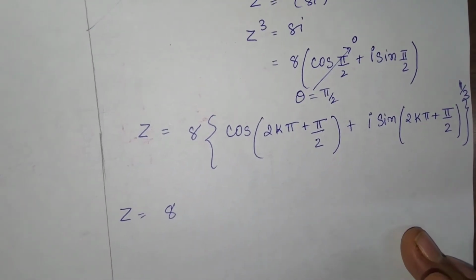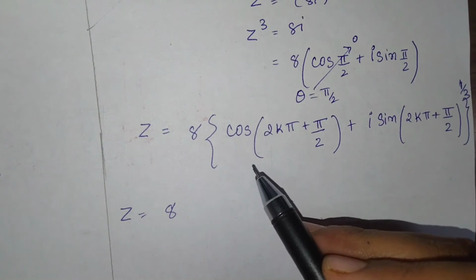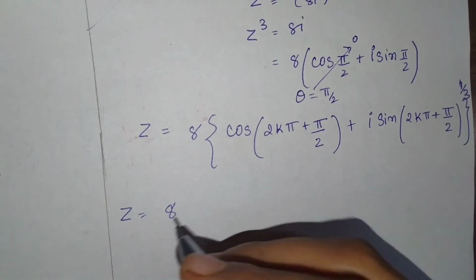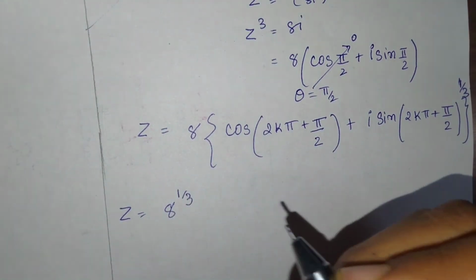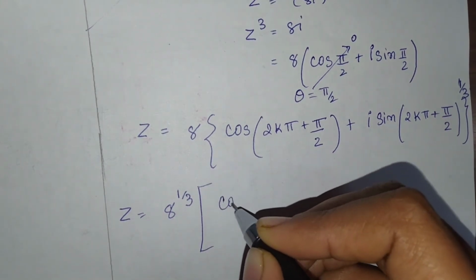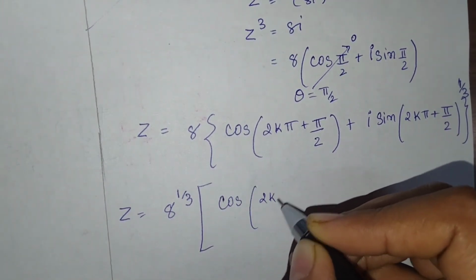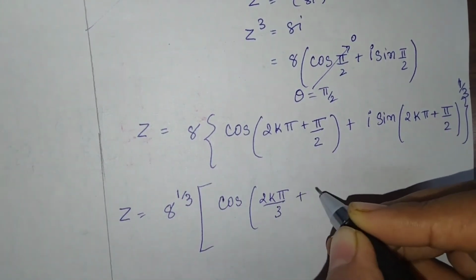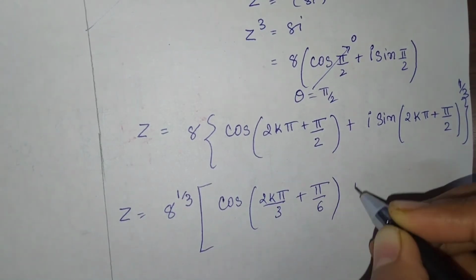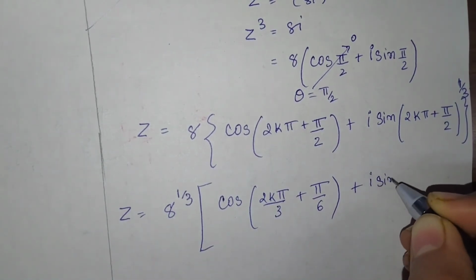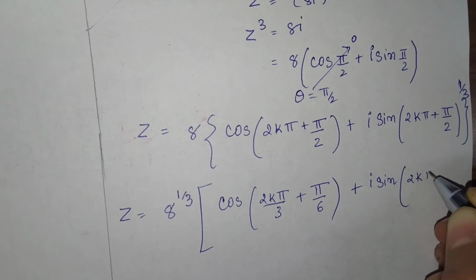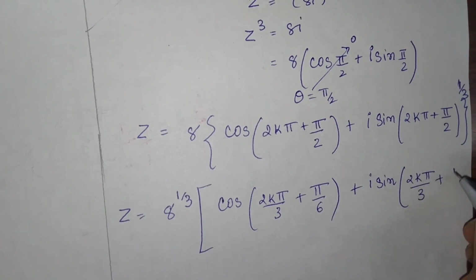And according to De Moivre's theorem, the 1/3 will come in front. So we can write it as 8 raised to 1/3 cos(2k pi/3 plus pi/6) plus I sin(2k pi/3 plus pi/6).